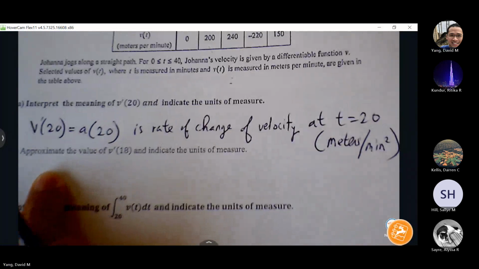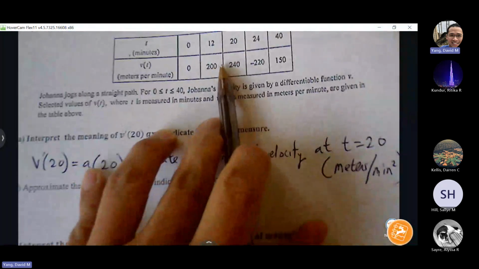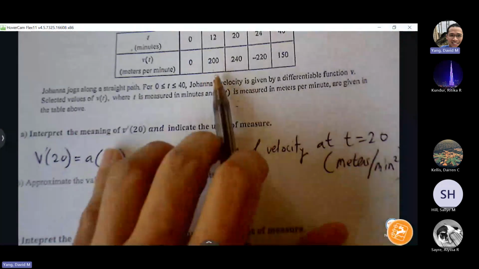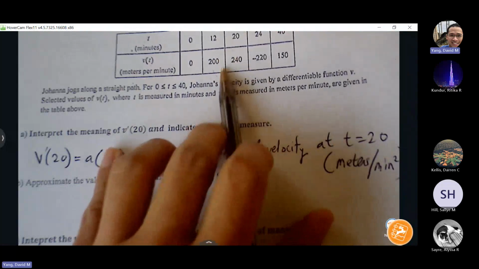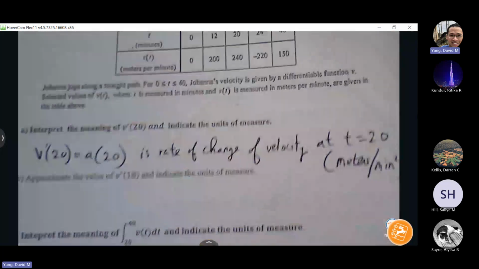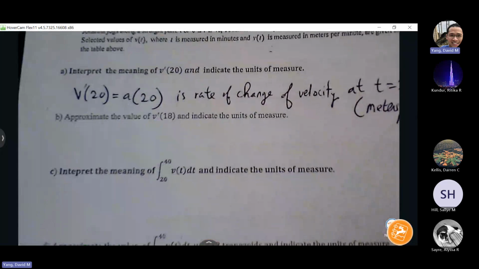So what that means is, at 20, acceleration means that she's speeding up or slowing down. In this case, we expect her to be speeding up if we're pulling those two values.